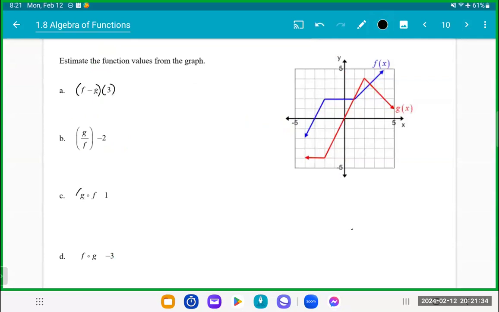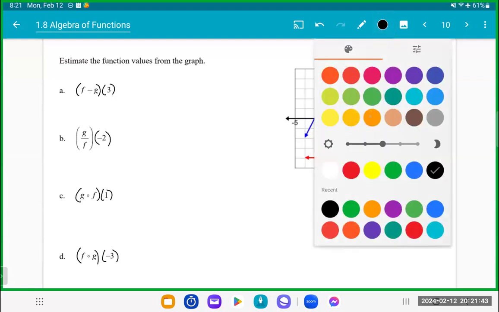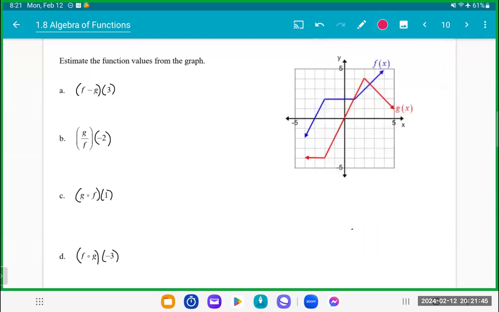I don't know why sometimes the parentheses fall off when I paste the values in here, but there we go. All right, so for this problem, we're looking to see if I have my f function minus my g function, what is that? So this is f evaluated at 3 minus g evaluated at 3. My f function is blue.